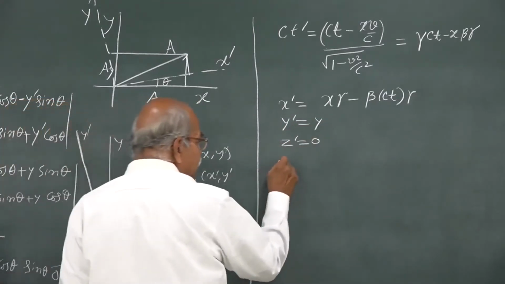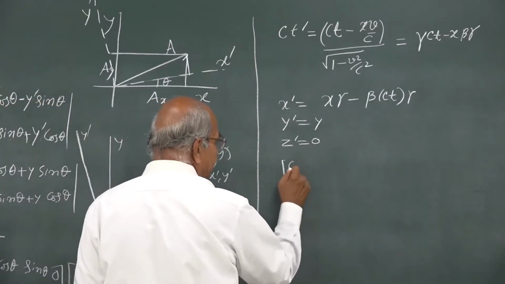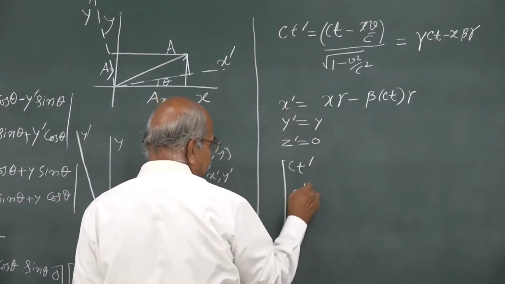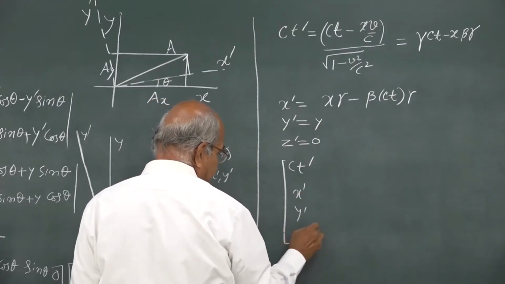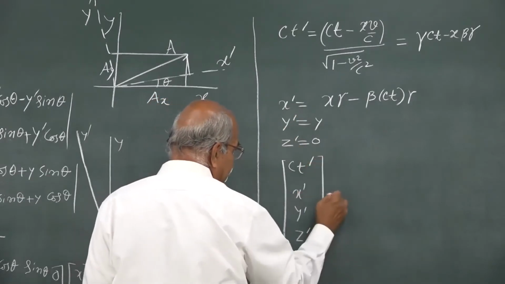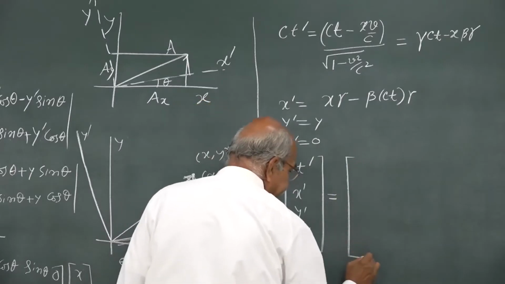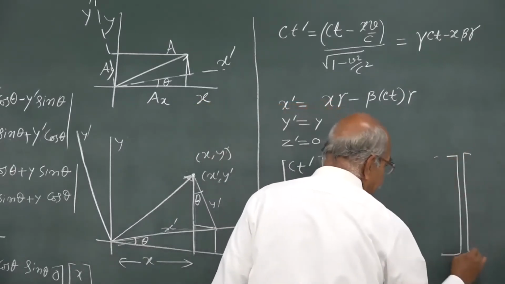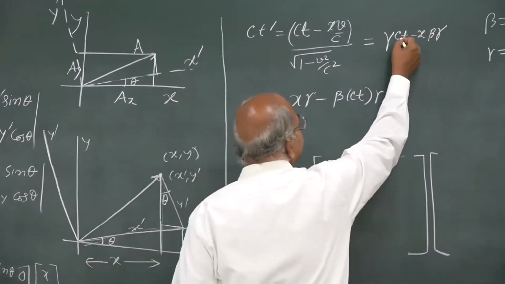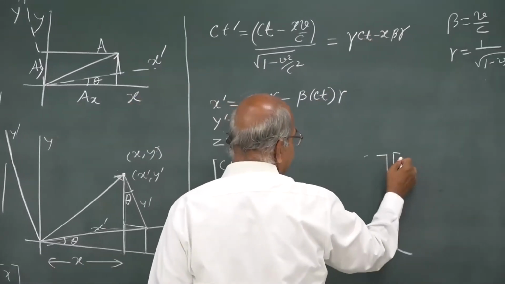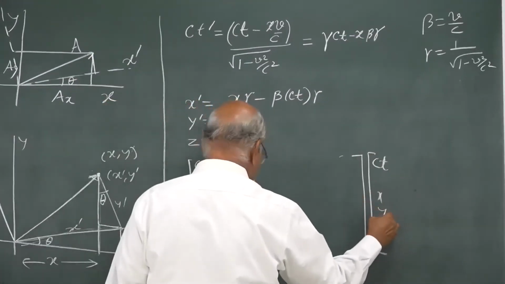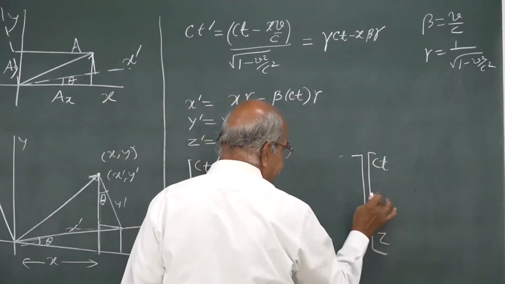So, you can write Ct prime, x prime, y prime, z prime equal to, let me write a square matrix here, and this side it is Ct, this side it is Ct, and then x and y and then z.